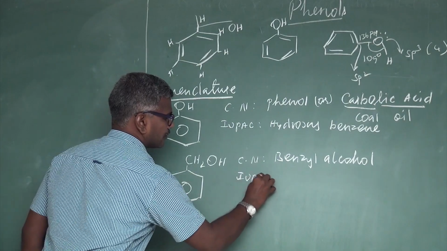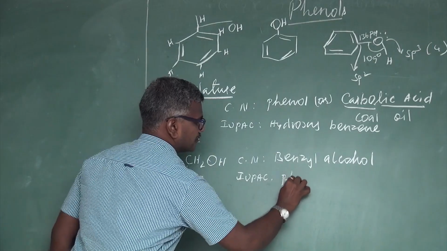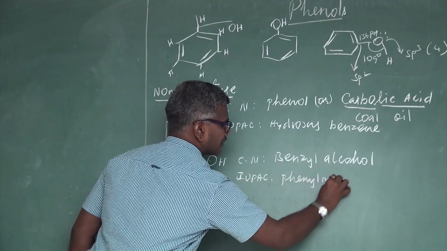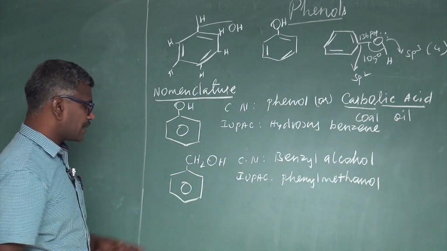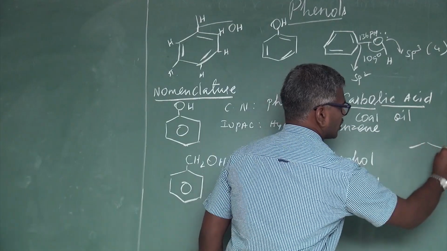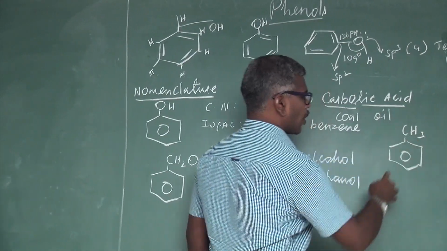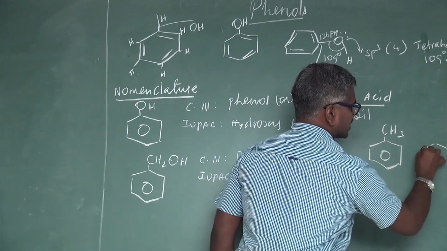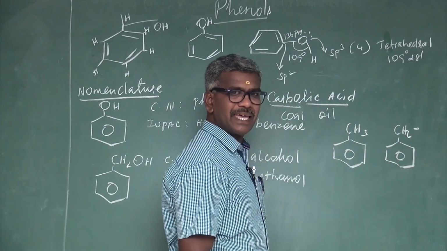IUPAC name: phenyl methanol. This compound can be derived from toluene derivatives. What is toluene? This is toluene. One hydrogen can be replaced, this name is benzyl.